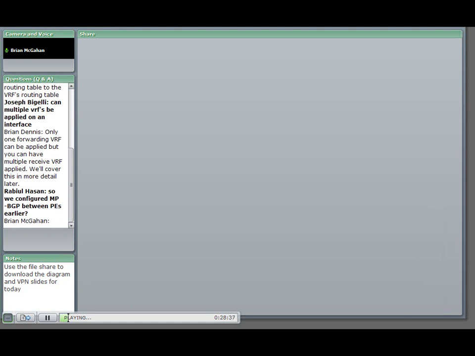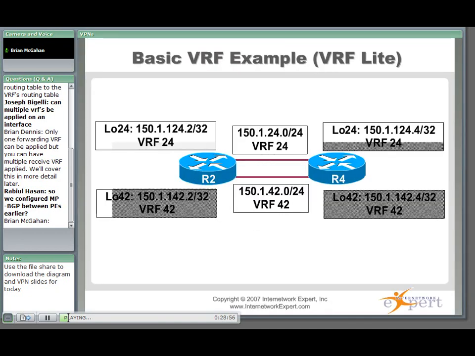We configured just a regular unicast BGP instance between the neighbors. Now there is going to be a difference between regular BGP, VRF-aware BGP, and multi-protocol BGP. We'll talk about VRF-aware BGP here as it relates directly to the VRFs, but multi-protocol BGP with the VPNv4 address family is going to relate directly to MPLS.